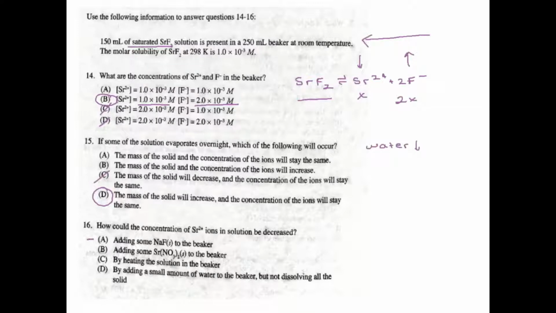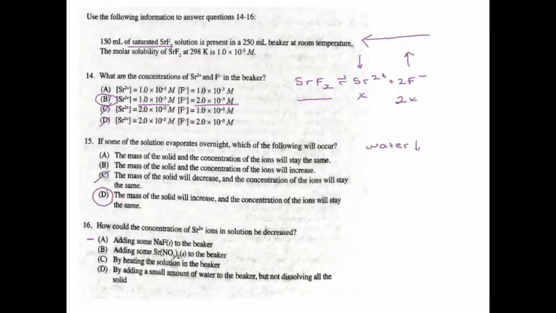So that's an option. If I added strontium, in the B option, that doesn't make sense. If I'm adding strontium, yes, it'll shift to the left, but I've already increased the amount of strontium, so that doesn't make sense. If I heat the solution, well, if you heat a solid, more of it is going to dissolve into solution, because if you increase the temperature, it is better able to dissolve. It's better able to saturate your solution.